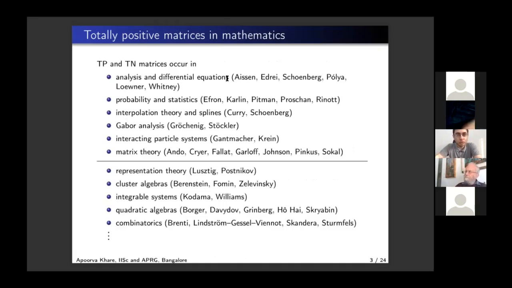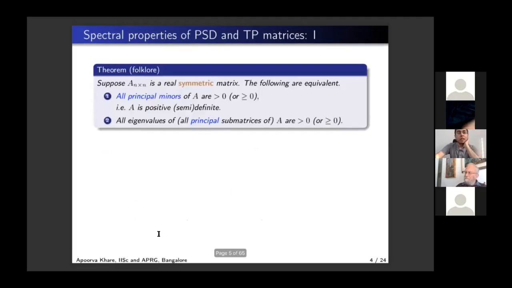It occurs in analysis, of course, but also in probability and statistics, interpolation theory. Very recently in Gabor analysis, Gröchenig, Romero, and Stöckler have a paper. Particle systems, this is very classical. Matrix theory, obviously, these are matrices, but also in representation theory, in cluster algebras, and many other areas. So that's just some of the names of some of the people who have worked on them.